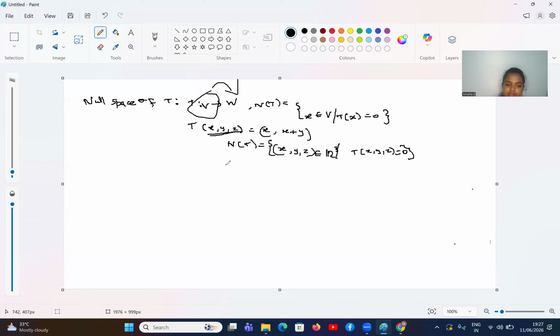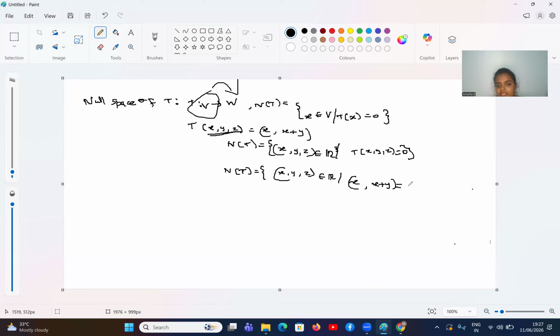Next, we have to apply the map. What is the map? (x, y, z) belongs to R3. We are going to collect some x, y, z, but which type of x, y, z? Those for which T of (x, y, z) equals 0. That map should be 0. What is your map? (x, x plus y) is your map.